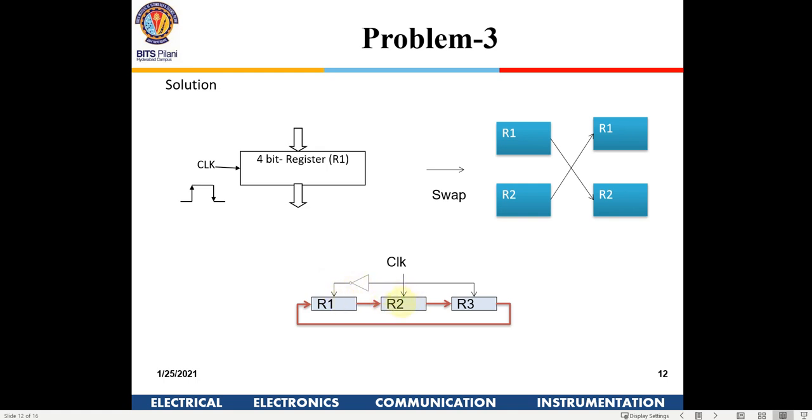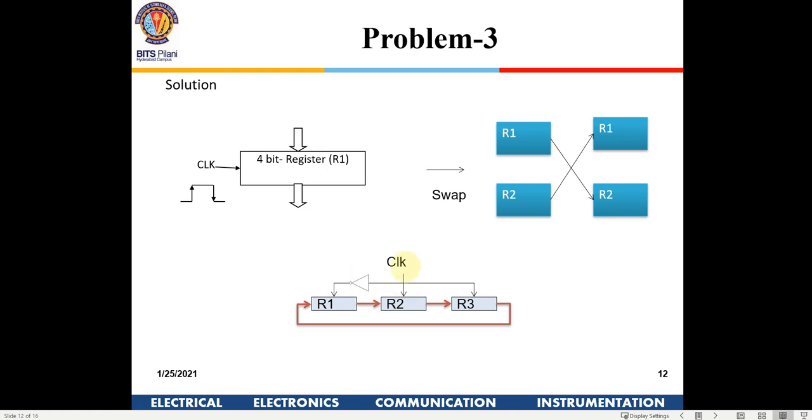So during the positive clock time, whatever data is in R2 comes to R3, and nothing comes from R1 because it is not clocked there. When the clock is low, whatever data is in R3 would come to R1.